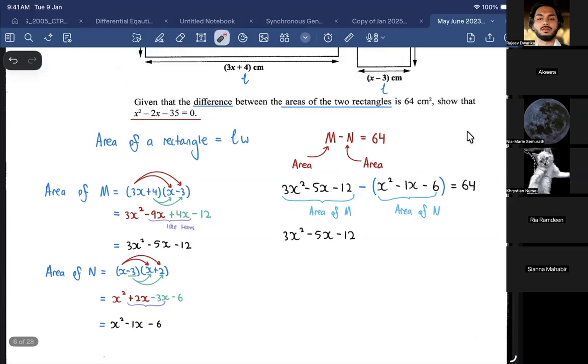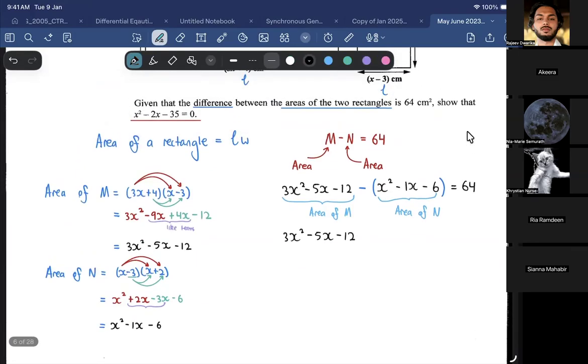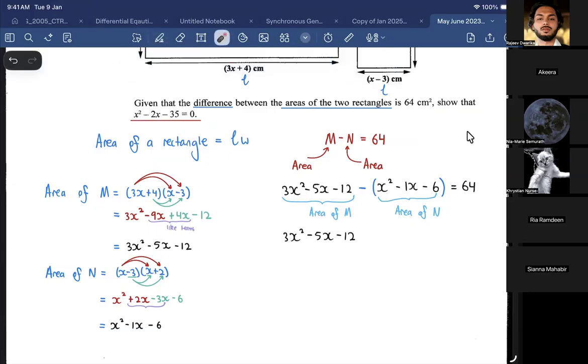Now, could anybody tell me what's gonna happen in the next line? Notice I put a negative and brackets. So when I expand this bracket, what am I gonna end up with? Remember it is negative n, and this whole thing is n. So you need to multiply everything on the inside by that negative sign.